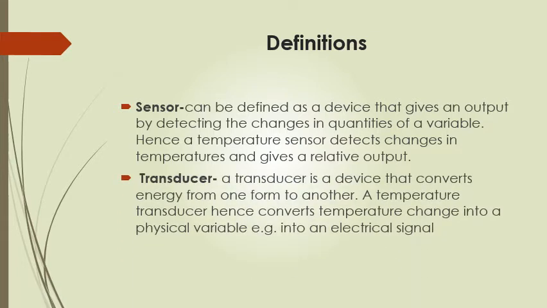A transducer, on the other hand, is a device that converts energy from one form to another. You can say a temperature transducer converts temperature change into a physical variable, e.g. into an electrical signal, which then can be processed further to give the value of the temperature change.